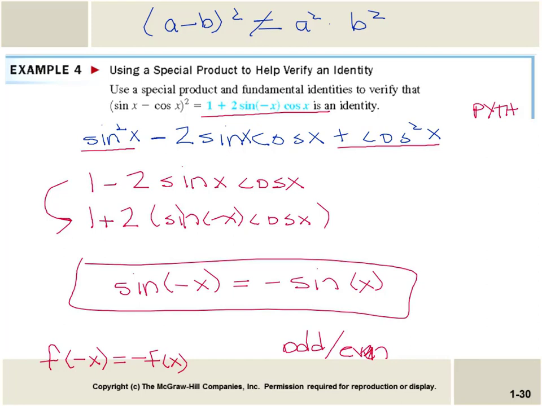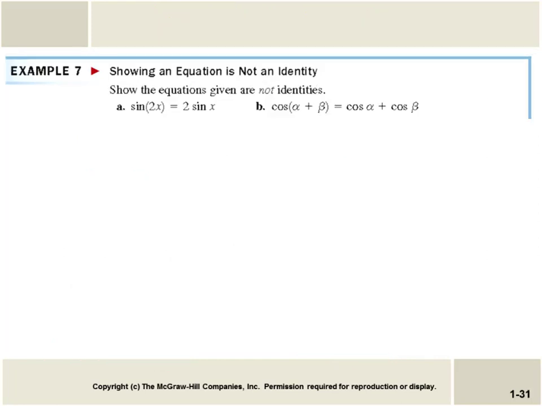Let's see what else I can find here. Oh, this is very important. So show that this is not equivalent. This is important in a lot of ways. So you want to show that this is not. How do I show something is not an identity? Who can tell me how to show something is not an identity?